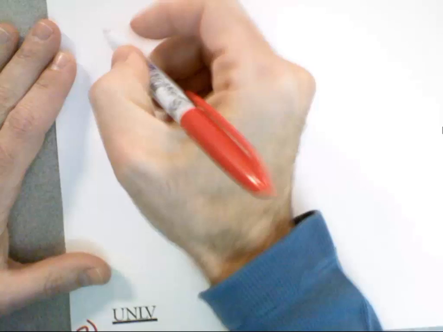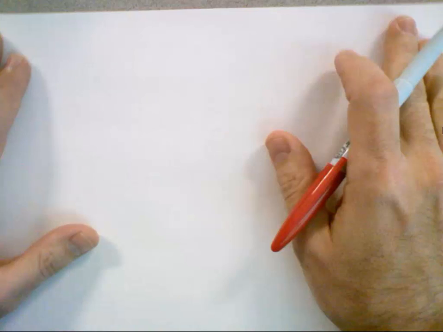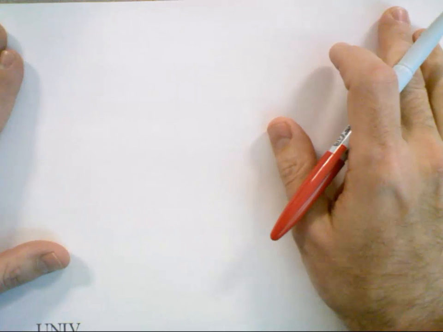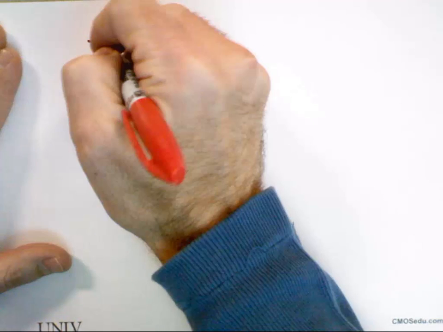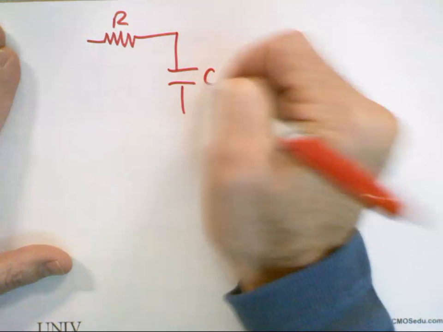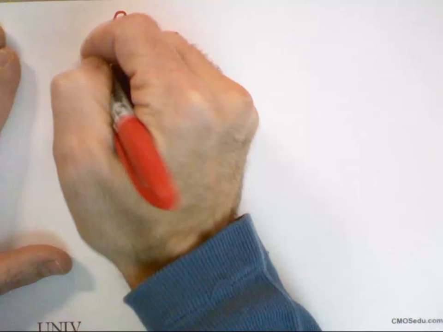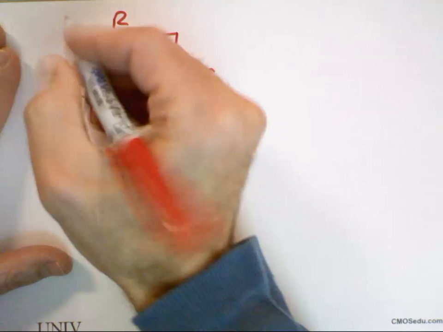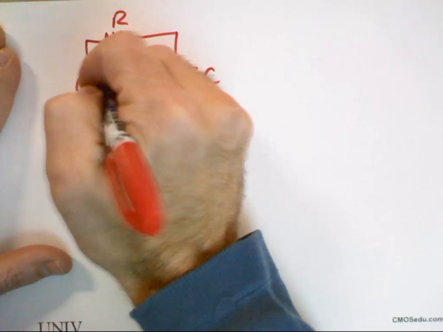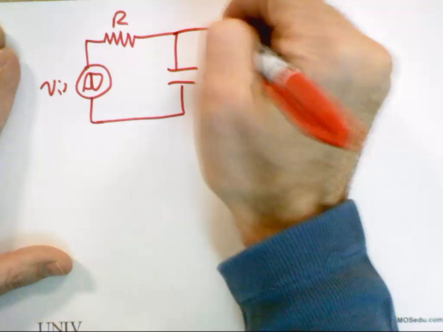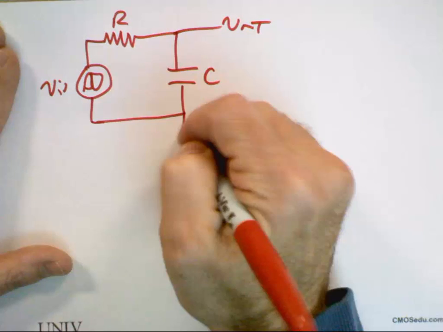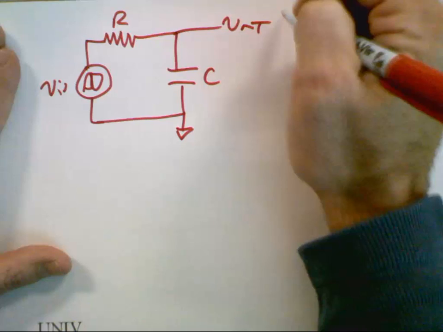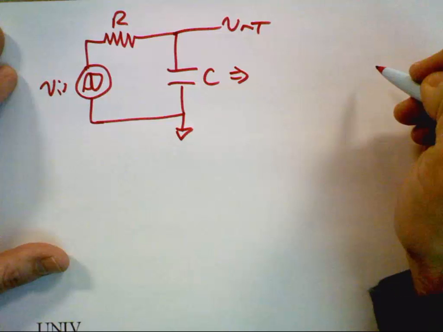So let's do what you've already done, and I'm going to just talk about it, and we're going to sketch the Bode response, but I want to make sure we're on the same page here. So this is R, C, and this is a sine wave now, Vin, Vout. What's the impedance of the capacitor?